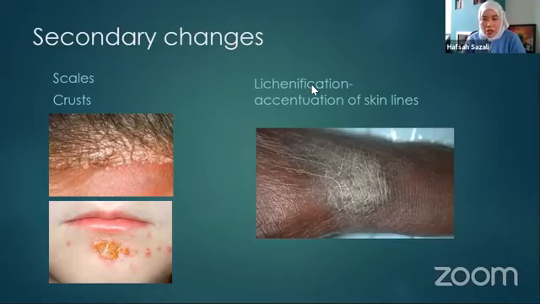Lichenification is also a term that you use usually in skin conditions where patients repeatedly scratch or rub their skin, and this causes thickening of the skin with accentuation of skin markings. This is called lichenification.